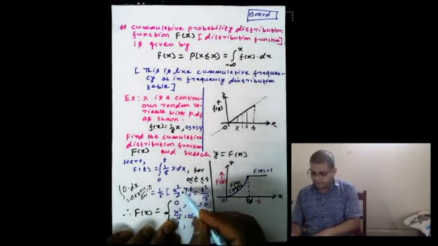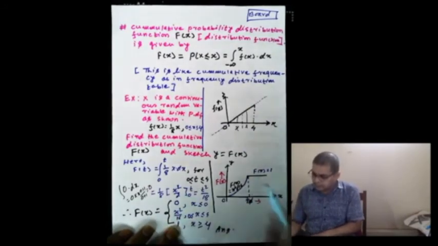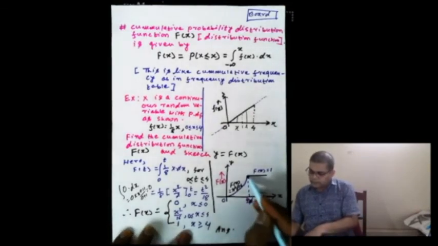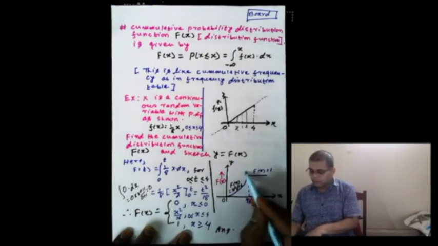What about bigger than that? At this point it attains the highest probability. If you integrate from 0 to 4 itself, the total area has been covered, so the total height will be up to Fx equals 1.